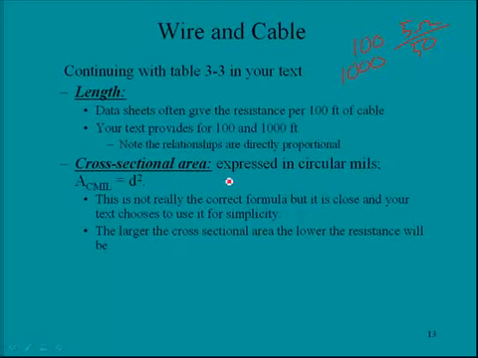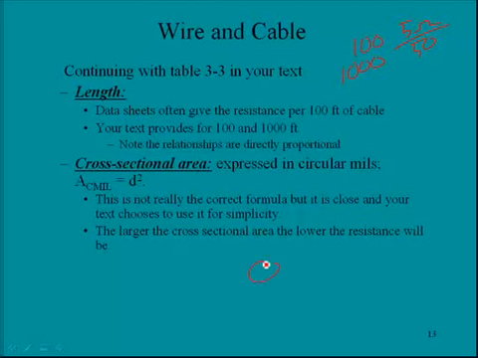Then cross-sectional area, and this is expressed in circular mils, and we have a formula here. We're going to talk about that a little more on the next page. And I'll just mention this is not really the correct formula, but it is close, and your text chooses to use it for simplicity. The larger the cross-sectional area, the lower the resistance will be.